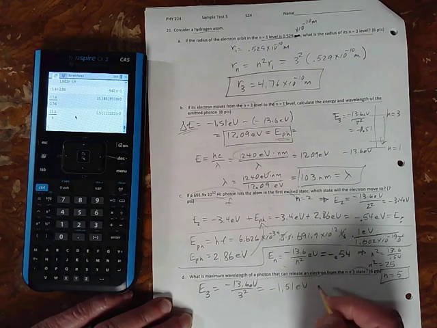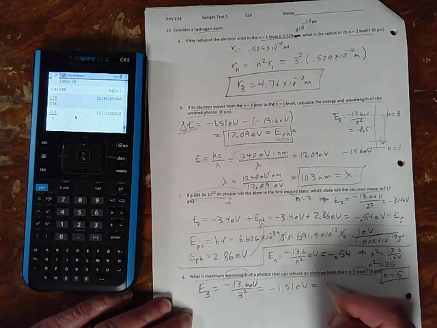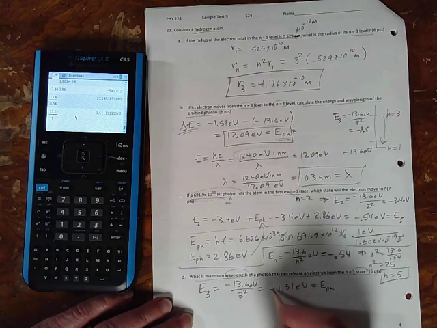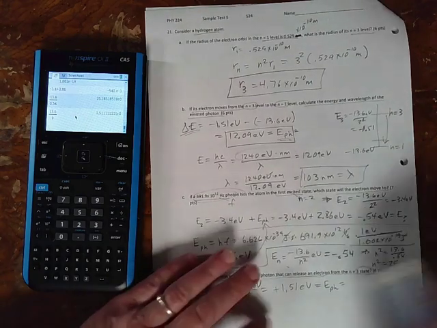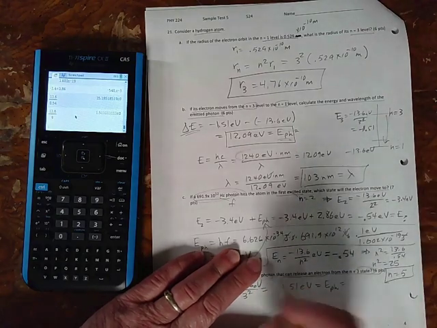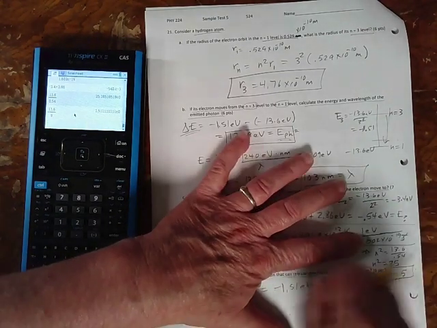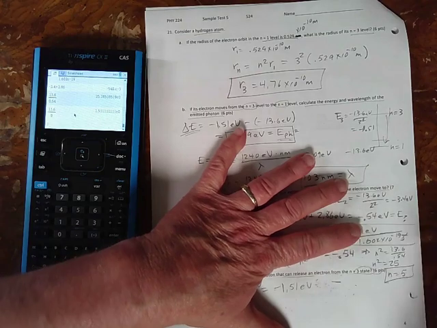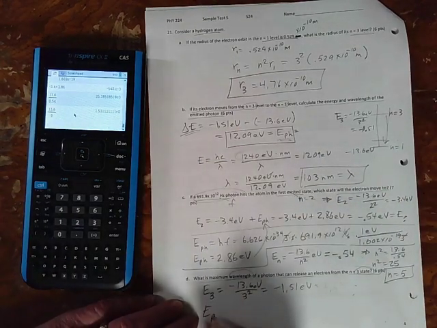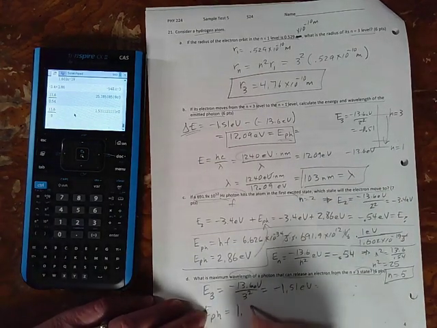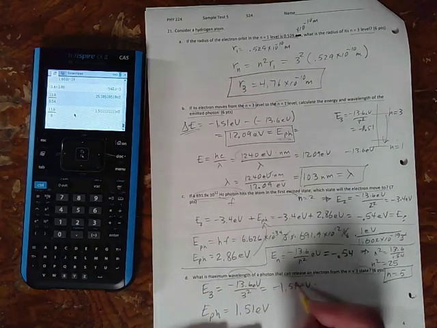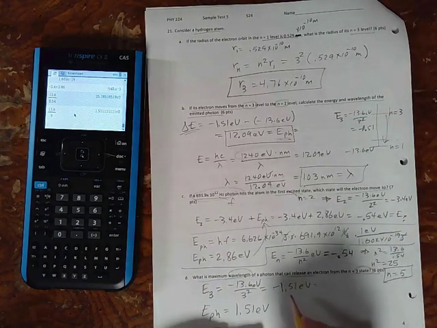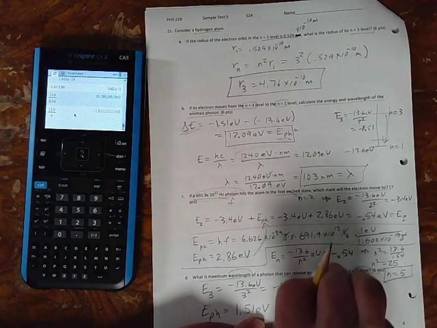And so we want wavelength, so we'll make the positive of that be E photon. So we want E photon to be positive 1.51 eV to pull it out. Add this to that, we get 0, so it's free. It has 0 energy, so it's the minimum.